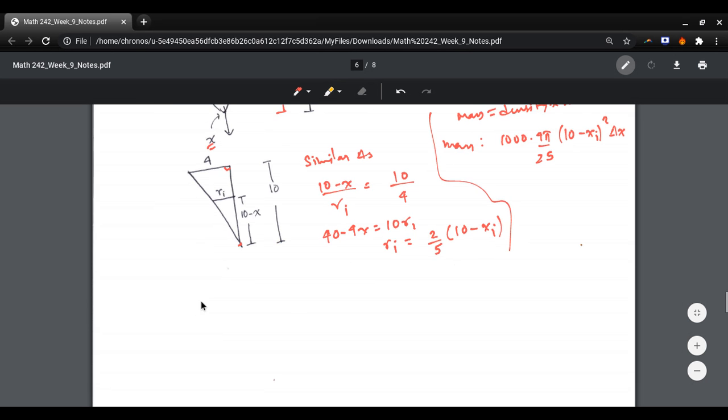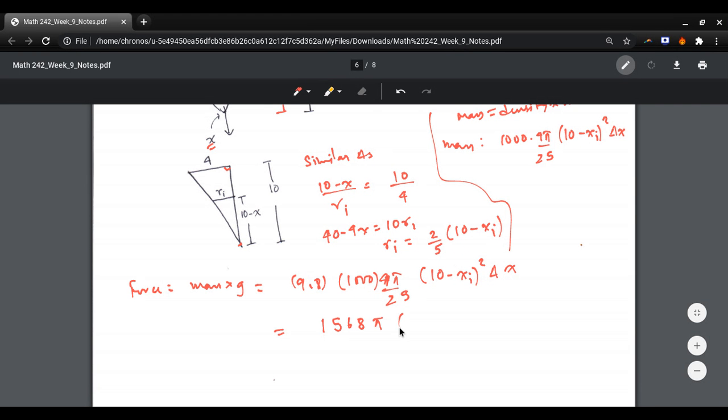But then, once you have the mass, the force that much water applies is going to be mass times acceleration. So that's going to be 9.8 times the 1000 times the 4 pi over 25 times the 10 minus xi squared delta x. And this comes out to, if you evaluate all the constants, 1568 pi, 10 minus xi squared delta x.